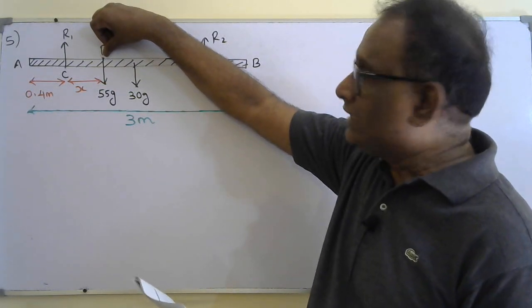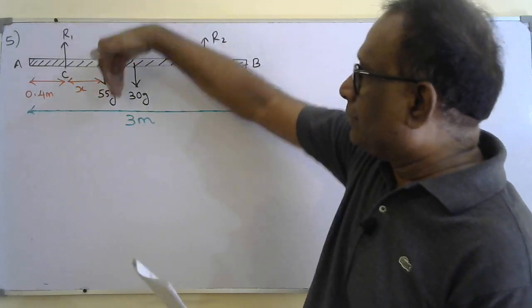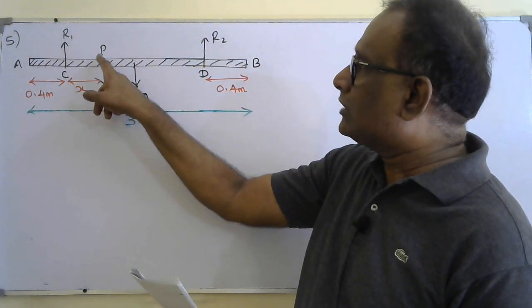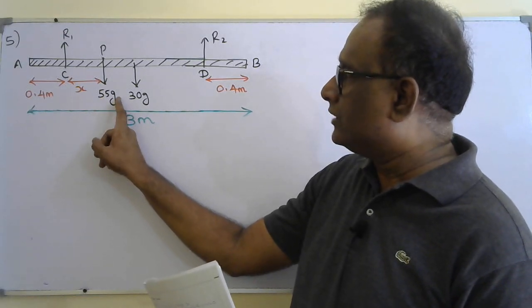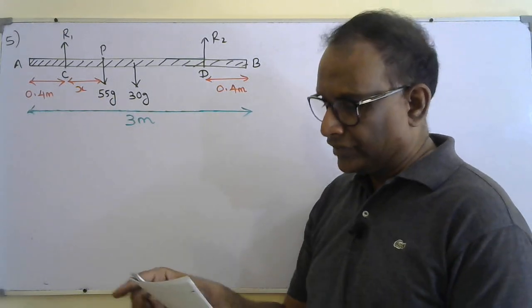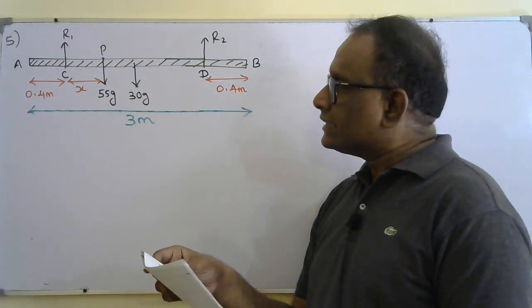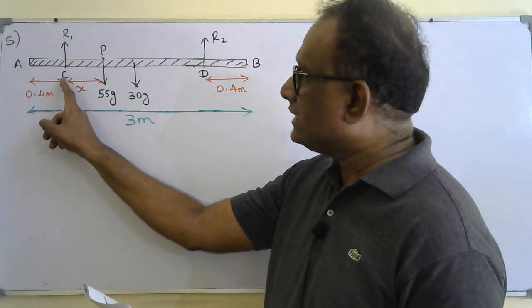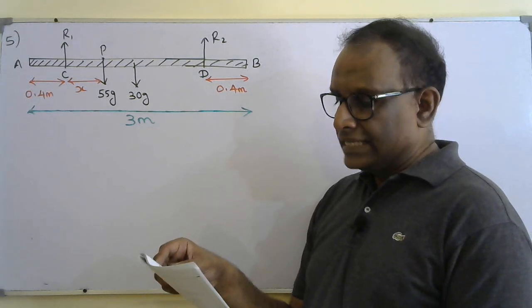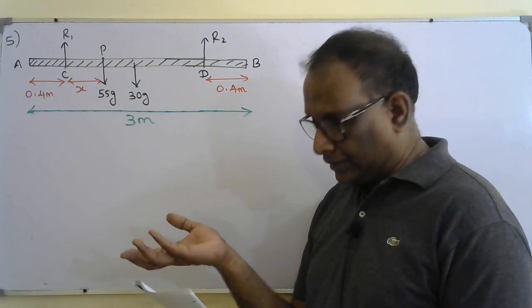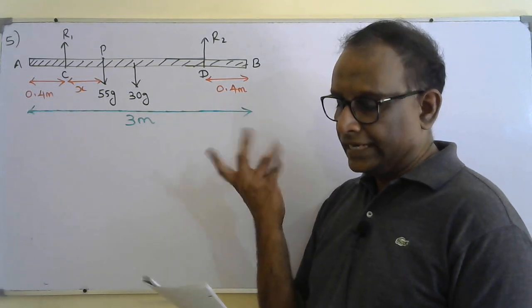So his weight will exert a push on the beam. So the push by the person on the beam is equal to his weight, that is 55 kilogram into G, 9.81. So I put it as 55 G. The distance of the person from C is X. I mark it on as X. X is less than 2.2 and it's a positive number greater than 0.